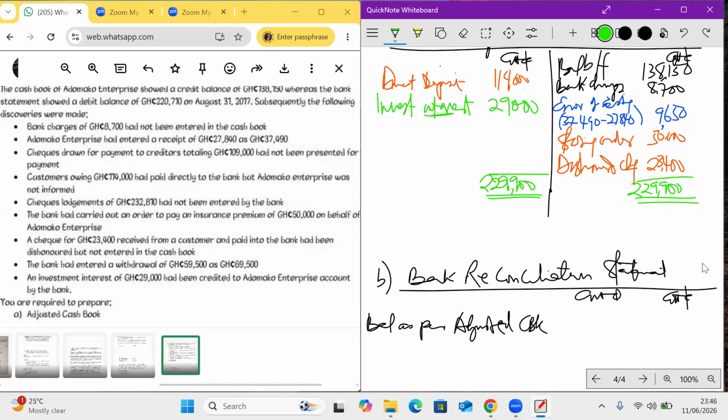So that's 14,400. 114,000 plus 29,000 minus 29,900 gives 14,400. For 114,000, what is 14,400?